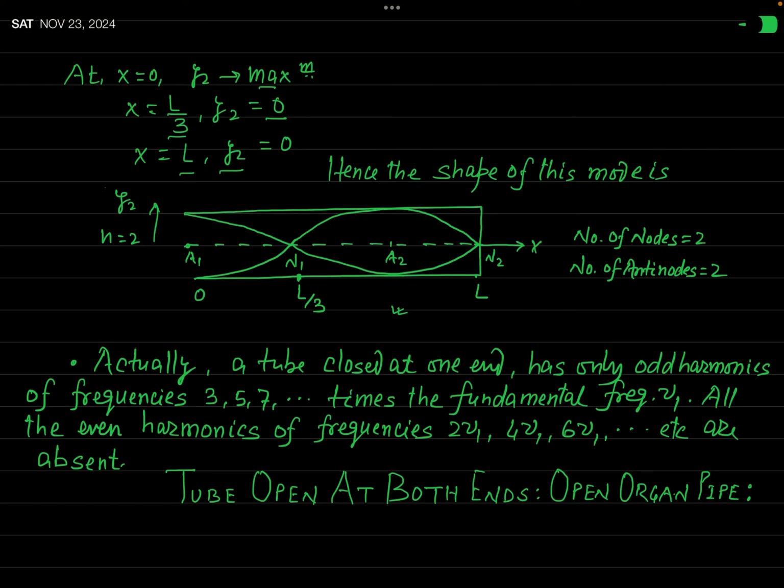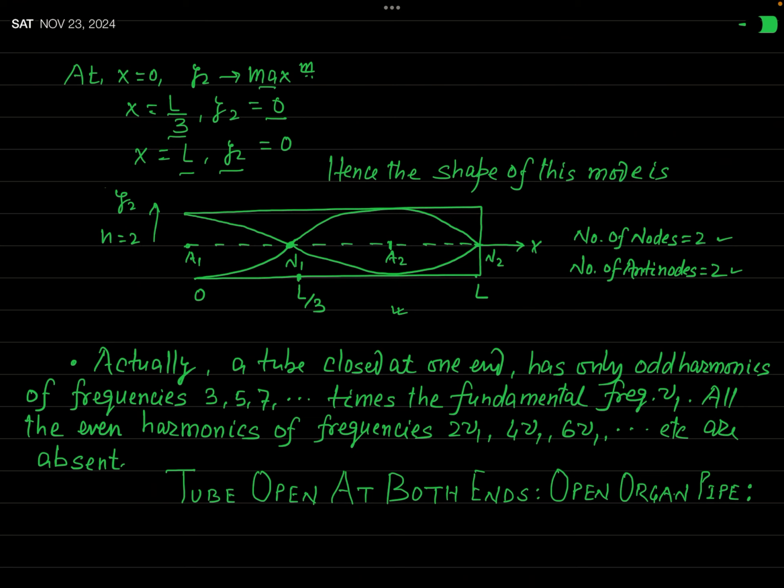So this is the point of antinode, and I have marked it by A1. Here also I have marked A2, which is the position of antinode, and N1, which I have marked here, where the displacement is 0, that is a node, and N2 is also a node. So in this case, you can see there are two nodes and two antinodes in this vibration.